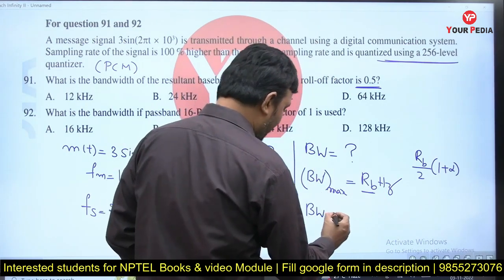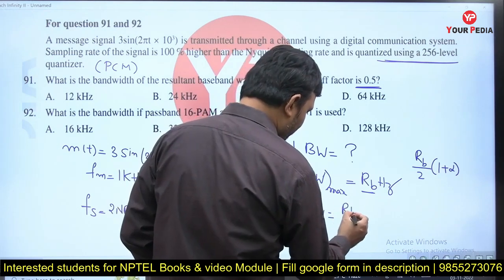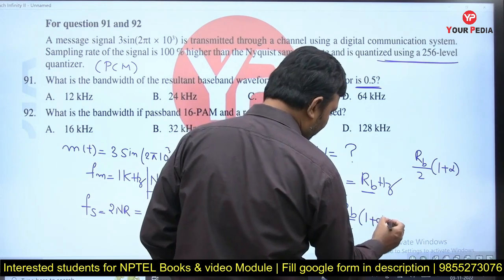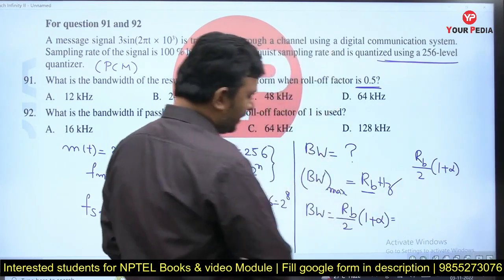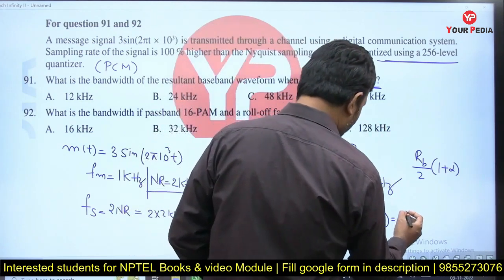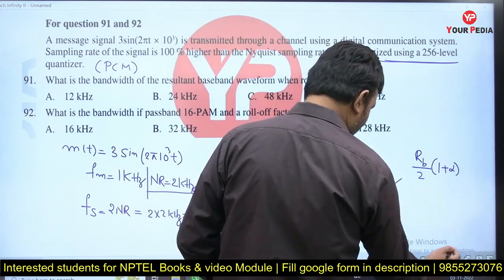So the bandwidth is Rb by 2 into 1 plus alpha. This is the expression we have to use. Here 1 plus alpha means 1.5. Let me go to the next slide.